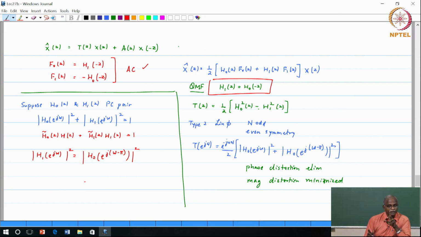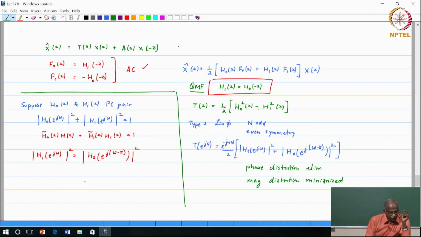Agree or don't agree? Yes, okay. We have to take care of the phase, but in terms of the filter itself, ultimately the shape and the phase are all going to get captured, but at least in principle the QMF constraint says that. So the QMF constraint can also be visualized in this form.